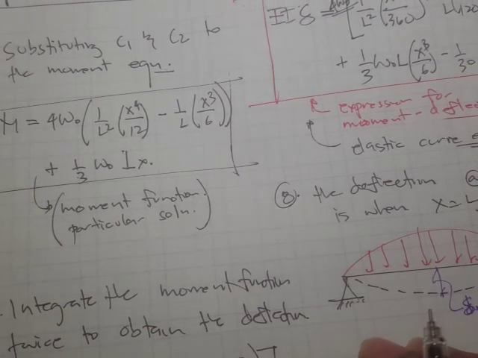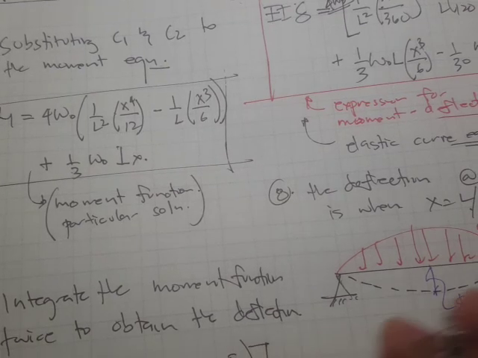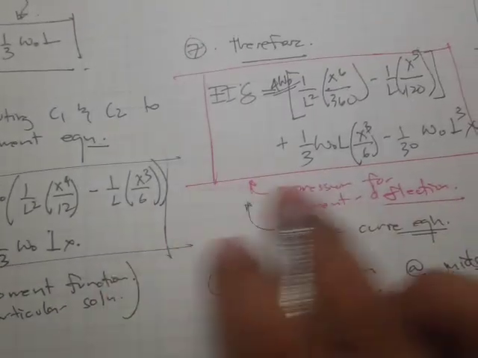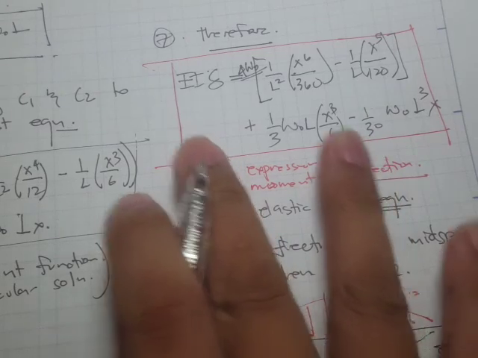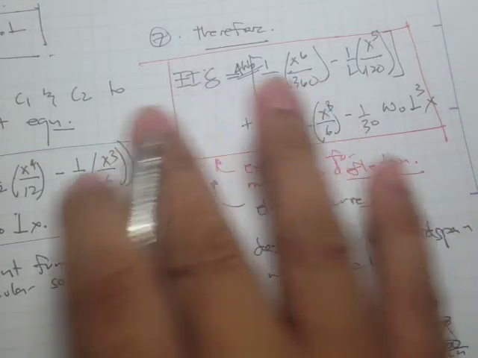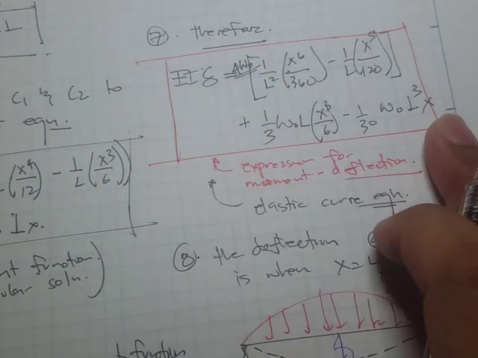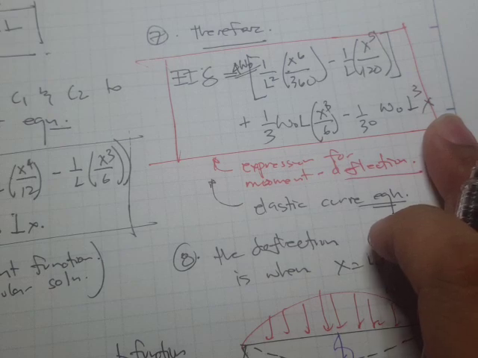All you need is to obtain the moment functions, and once you have that, you do the integrations and then apply the boundary conditions. Once you have this expression, you can actually solve anything. I mean, you can solve the deflection at any point along the length of the beam.